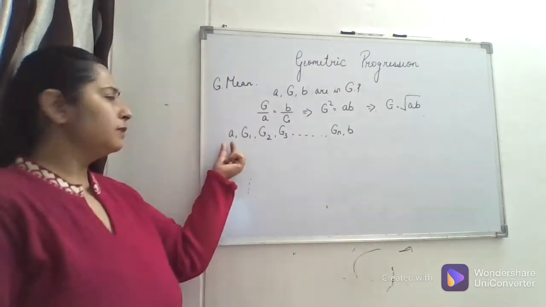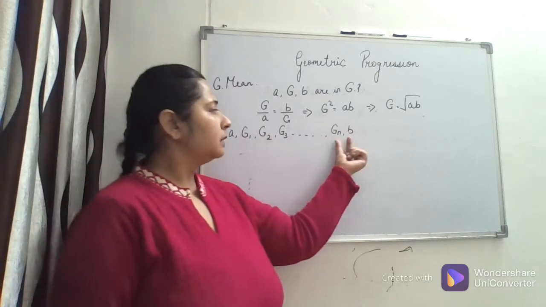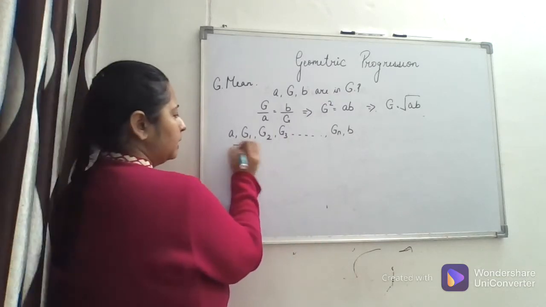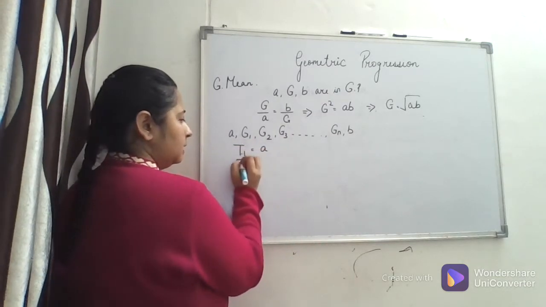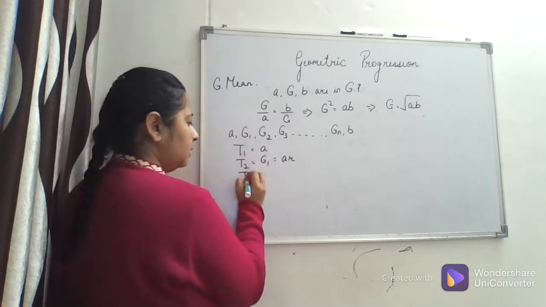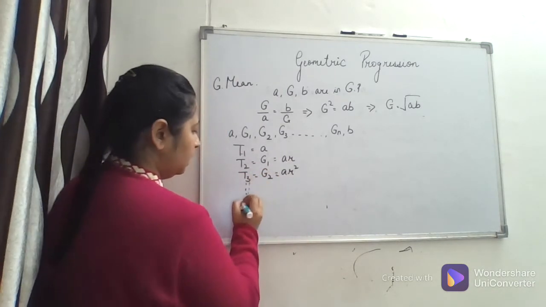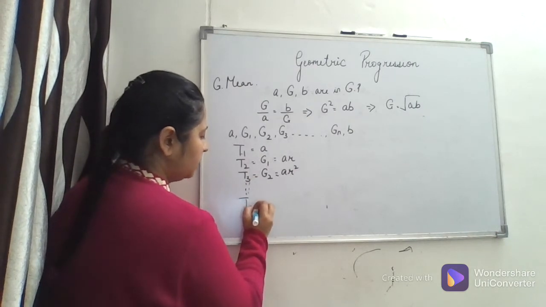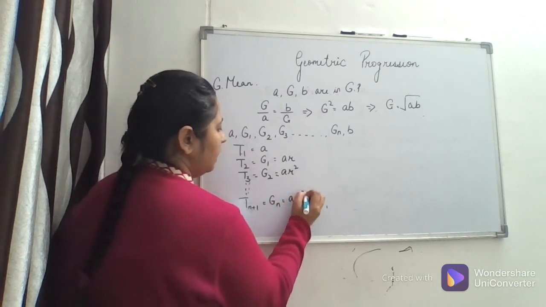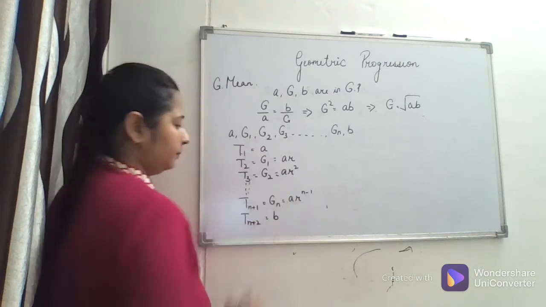So, my first term will be A, second term will be G1, third term will be G2 and n plus 2 term will be B. So, here you understand T1 is A, T2 is G1 which will be AR, T3 will be G2 that is AR square, so on till T n plus 1 is Gn that is AR to the power n minus 1, and T n plus 2 is equal to B.